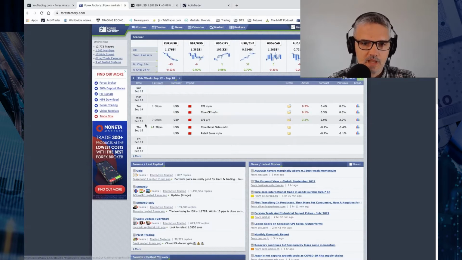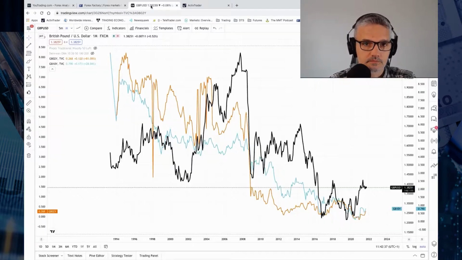And then yesterday we had the British CPI year over year, which came in slightly stronger than expected. Today we have core retail sales, which are important, obviously, and we also have some initial jobless claims, which has also been kind of a pivotal moment in the week. So currently, just going by this, the pound data is stronger than the US data.